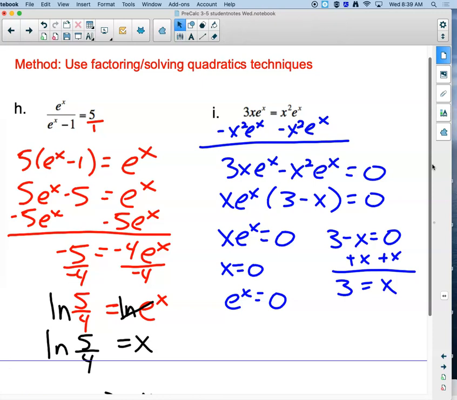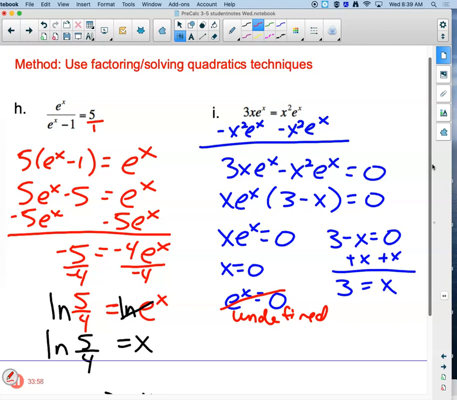If e to the x is supposed to come out to be 0, that means there's some power we can raise e to that would give us a 0. Well, that's not going to happen. e to any power is going to give us a number that's not 0. In fact, it's going to give us positive values. So this one is undefined.